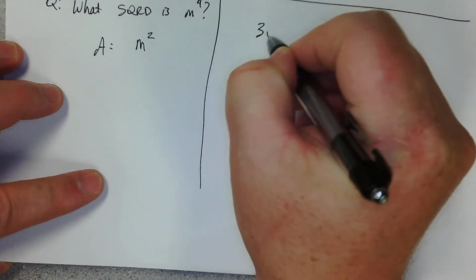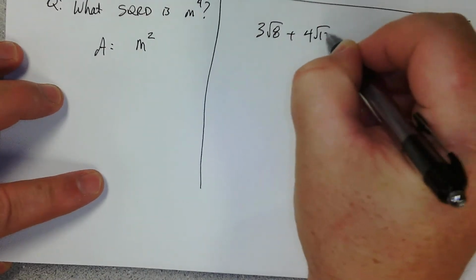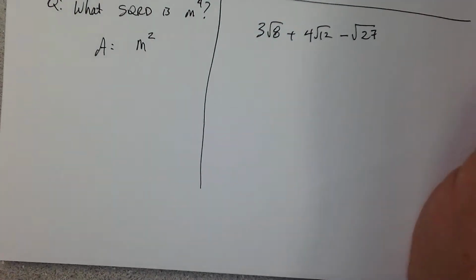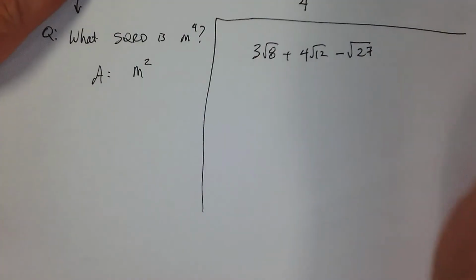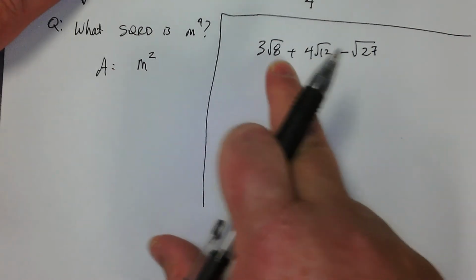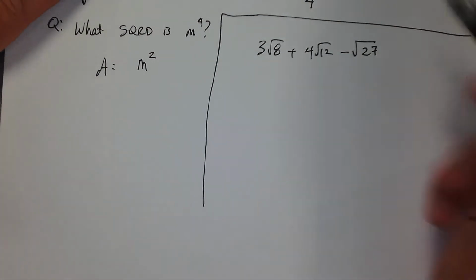All right, so 3 root 8 plus 4 root 12 minus the square root of 27. Okay, with these radical expressions, if they are the same, we can add or subtract them. These are all different right now, but they can all be simplified. So what we need to do is simplify them and see if there's anything similar.